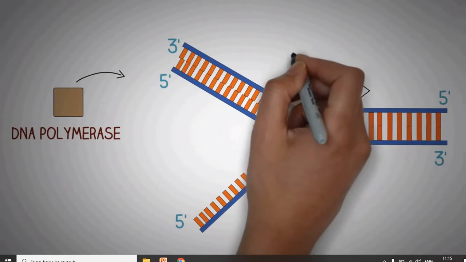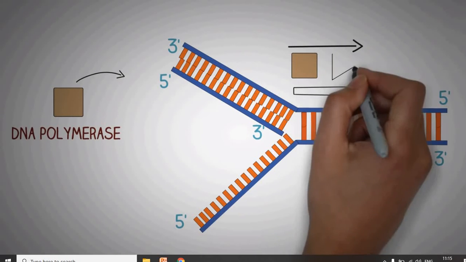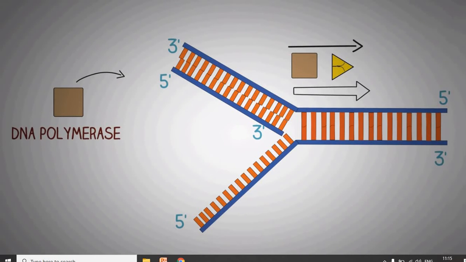Since the upper daughter strand of this DNA is running from 3' to 5', the DNA polymerase can easily form the replicated opposite strand in the 5' to 3' direction. And since the helicase is also unzipping the DNA in the same direction, the DNA polymerase can form the new strand continuously.